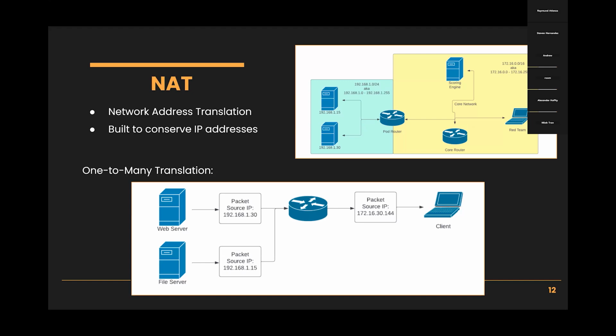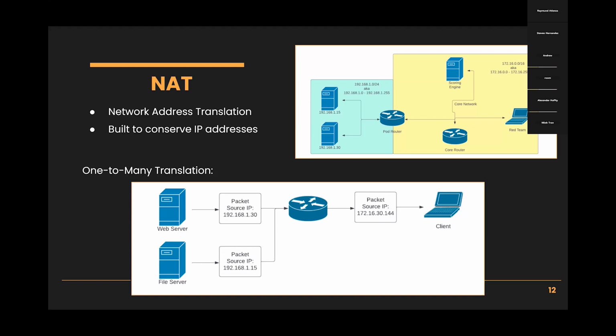So you'll be able to access them using the public IP in addition to that port. So in this example, you have your client, which is, for example, you, if you're using your PC, and you're trying to access the web server and the file server.